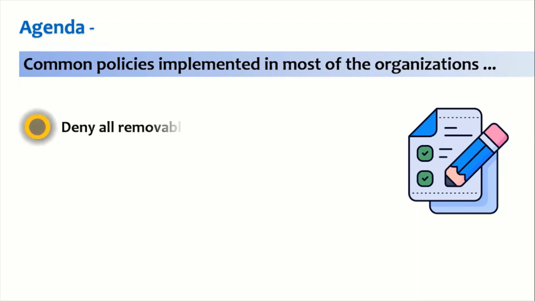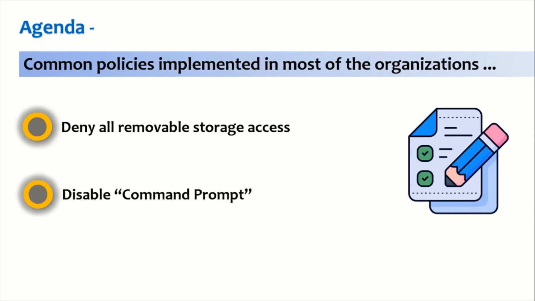We are going to deny all removable storage access, so the users won't be able to access the USB drives, and we will also disable command prompt. These are the two policies that we are going to deploy today.